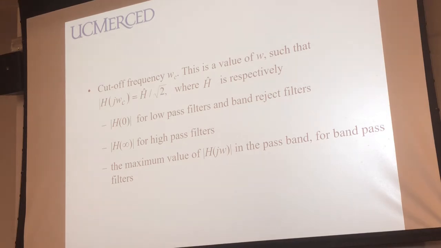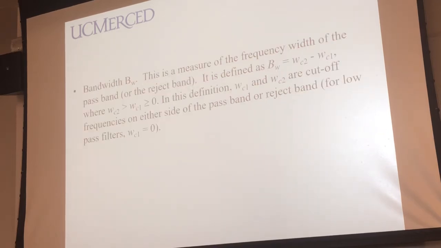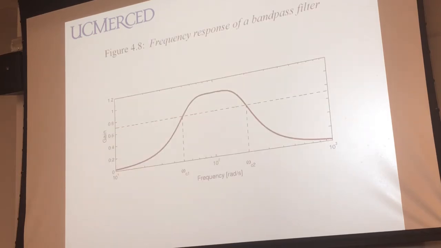H0 is for a low pass filter and band reject filter. H infinity is for high pass filter. So this one can be drawn like this one. Here is high pass, okay? Here is low pass, okay? And in between here, this is called band pass, okay? Band pass. So these are the bands.